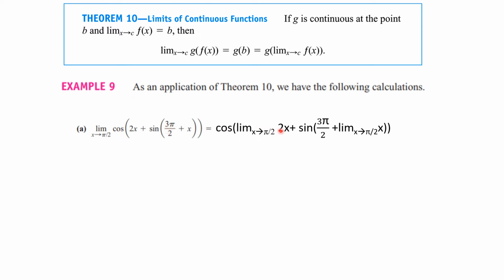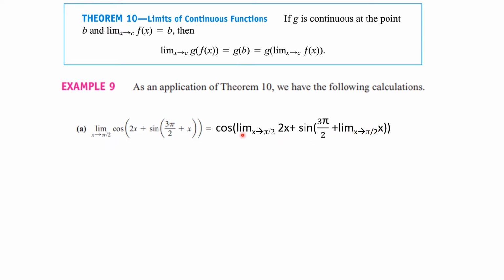So this will be plus sine, and then 3 pi over 2 is not impacted by the limit, so we will not include it. The limit will only be for the x. So it will be the limit as x goes to pi over 2 of x.